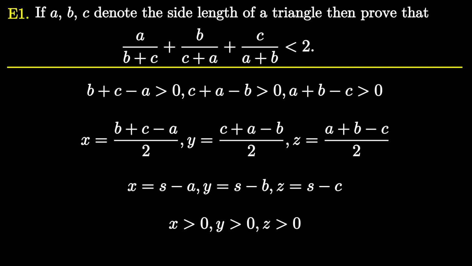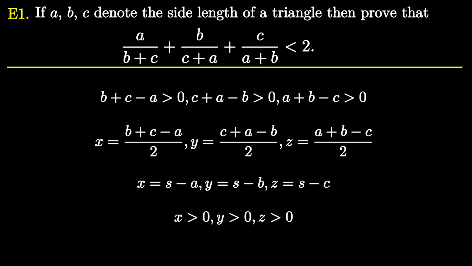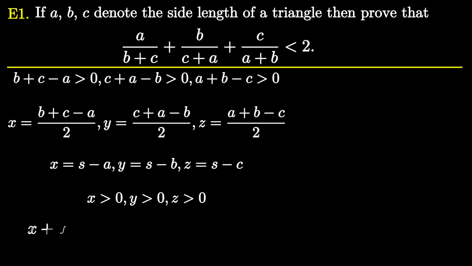The substitution x equals s minus a, y equals s minus b and z equals s minus c is known as Ravi substitution. The idea is that we can transform the required inequality in terms of x, y and z. For this we need to find the values of a, b and c in terms of x, y and z, and finding these values is an easy job.